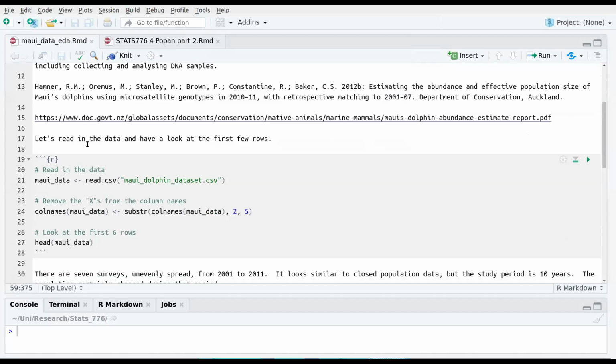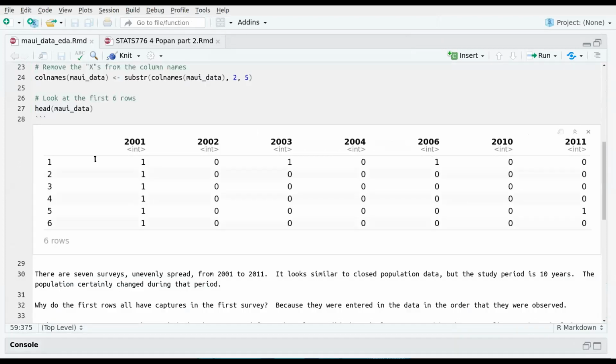Okay, so let's read in the data and have a look at the first few rows. The first thing to notice is that the columns have names now, and the names are the years of the surveys. So you can see that there are 7 surveys, and they're not equally spaced.